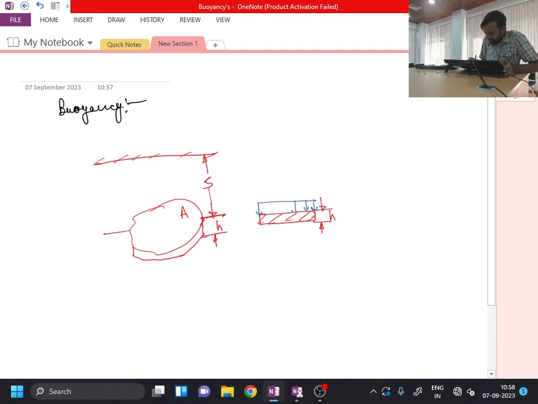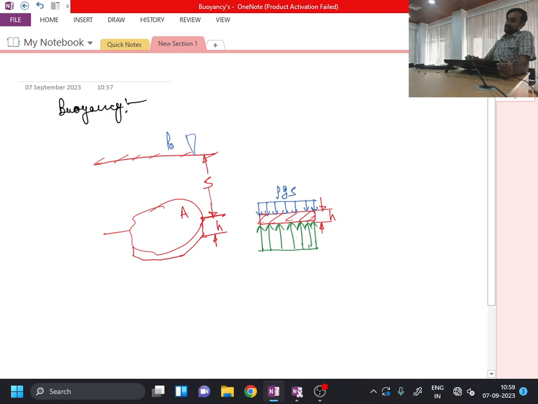If I take it in gauge scale, not considering the P naught value acting at the free surface, then the magnitude of this pressure will be rho g S. At the same time, there will be some pressure acting from the bottom side, and whenever I draw the pressure from the bottom side, I take the size of the arrow as slightly larger, because this bottom face is at more depth h below the water, so the bottom portion will have more pressure, and that pressure will be rho g (S plus h).